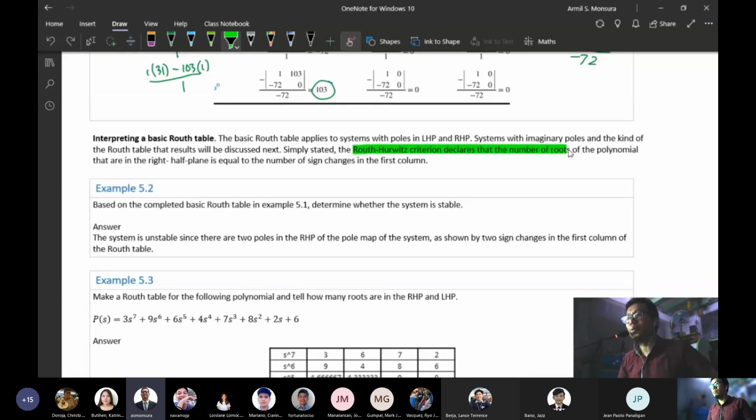declares that the number of roots of the polynomial that are in the right half plane is equal to the number of sign changes in the first column. Okay, again, the number of roots of the polynomial that are in the right half plane is equal to the number of sign changes in the first column.